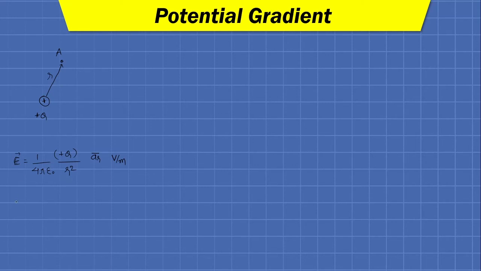This is the field intensity at point A, which is a vector quantity. For the same configuration, the potential at point A, which is a scalar quantity, is Q upon 4 pi epsilon naught r volt.